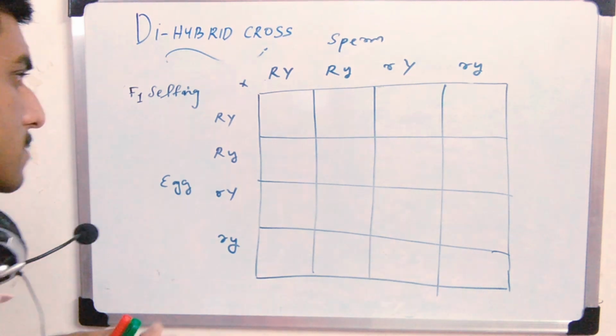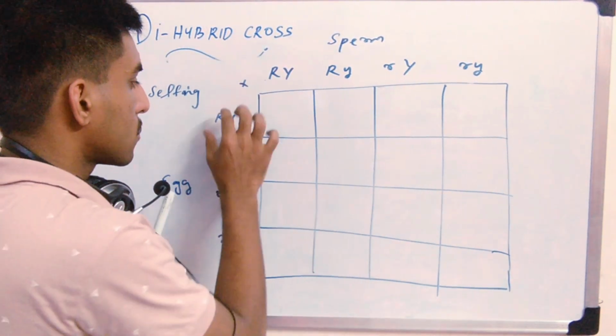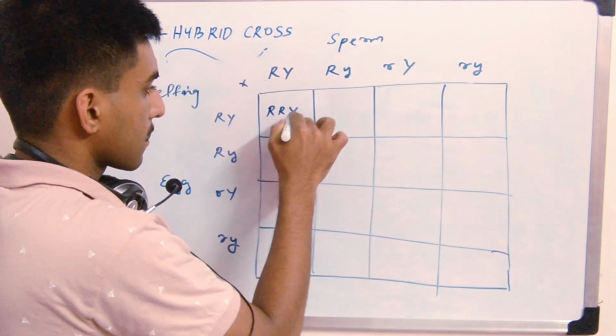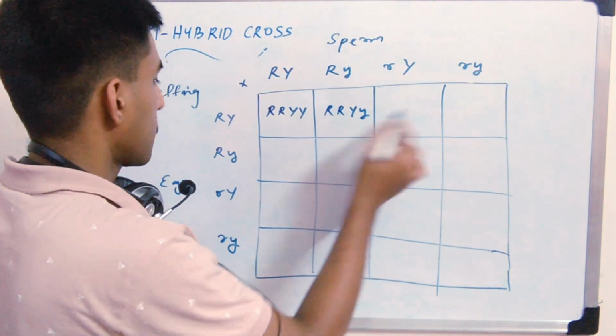So I am doing a cross. I think you understand what a cross is. So this gamete and this gamete can fuse. So I can write capital R, capital Y. This gamete fuses with here capital R, small y.